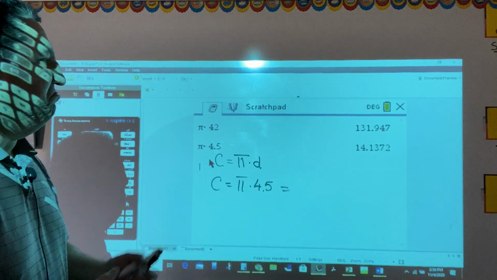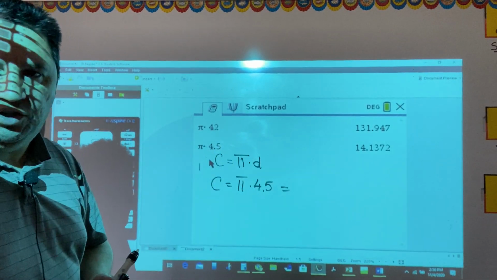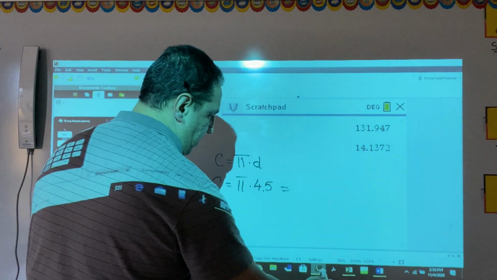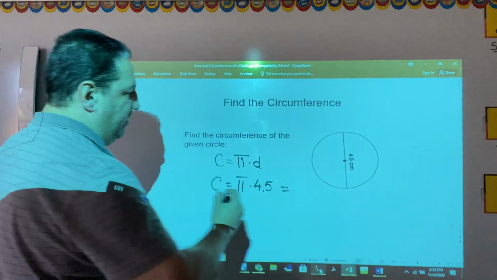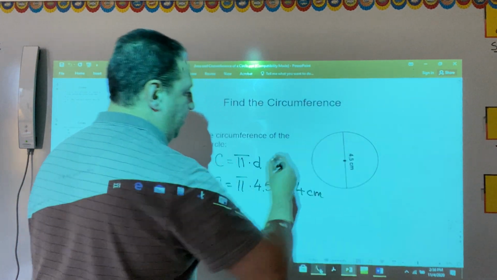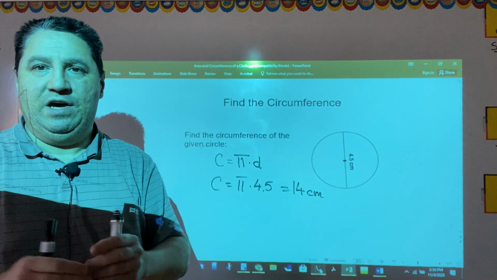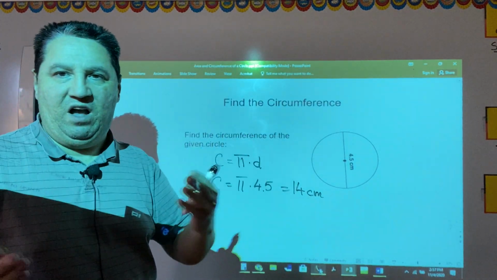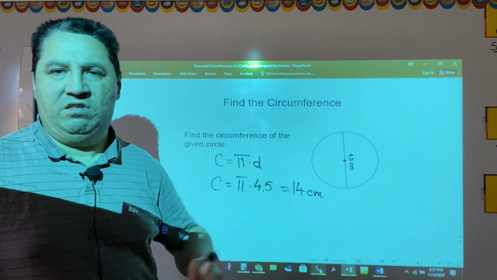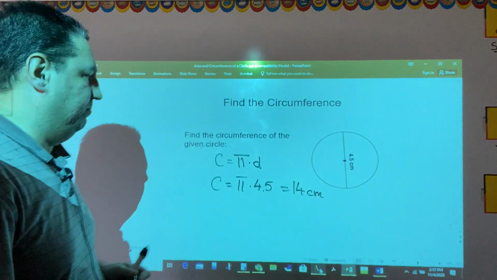We can round to the nearest ones, and we get around 14. So the circumference would be 14 centimeters. Don't forget, the circumference is a distance. It's measured in inches, feet, meters, centimeters, and so on, depending on the measurement.